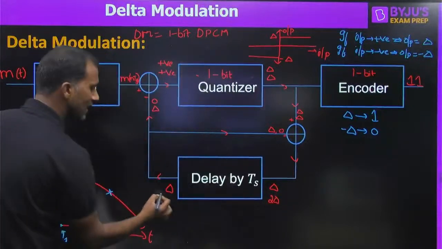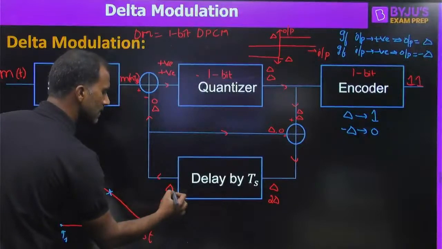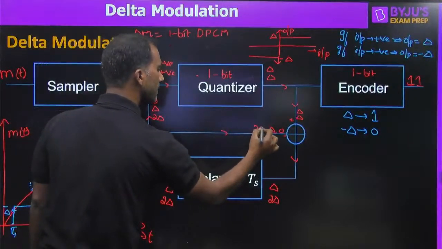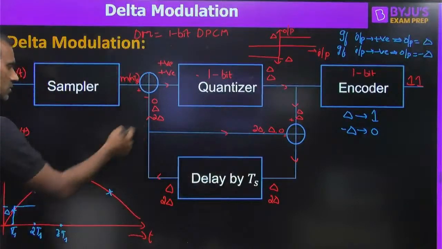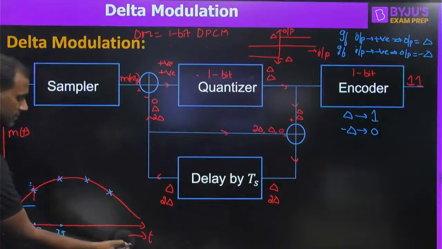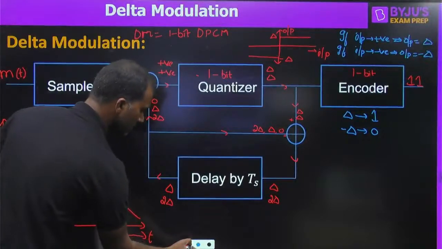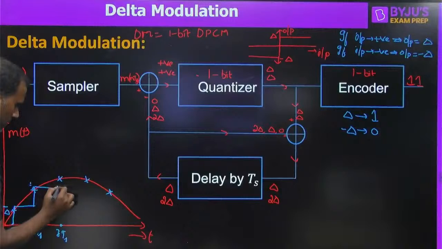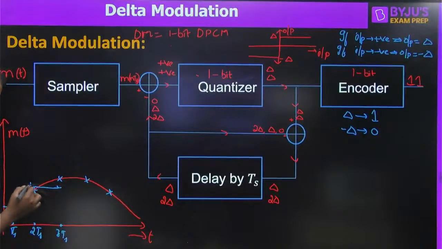So 2 delta comes here after TS seconds, and 2 delta goes here, and 2 delta goes here. Right, so the feedback signal that we are having is 2 delta. So 2 delta will be something like this. This is 2 delta.